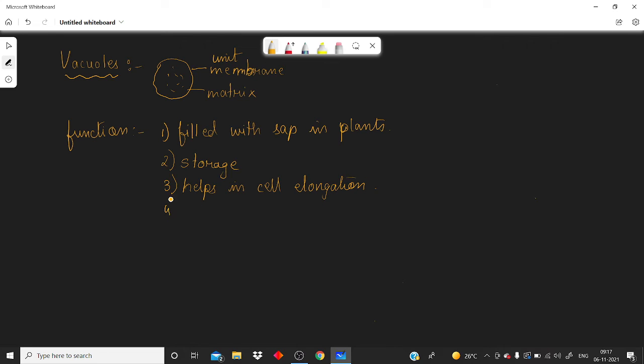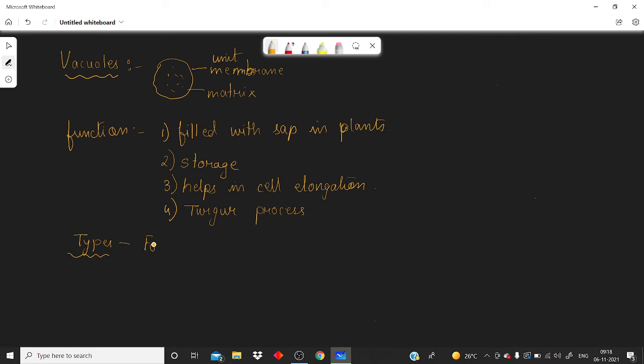It will also help in the turgor process, that is, maintenance of water inside the cell. Maintenance of shape and size of the cell will all be taken care of by the vacuole. Then there are a few different types of vacuoles.